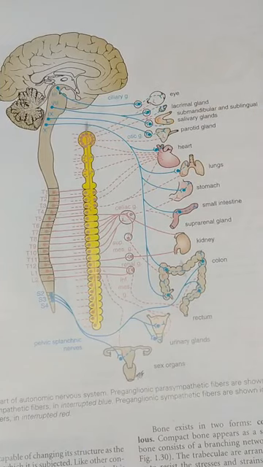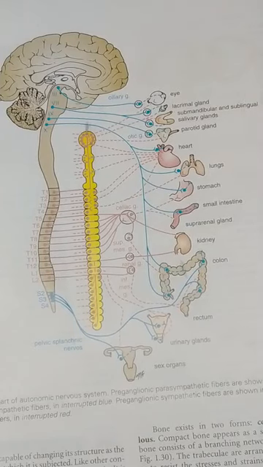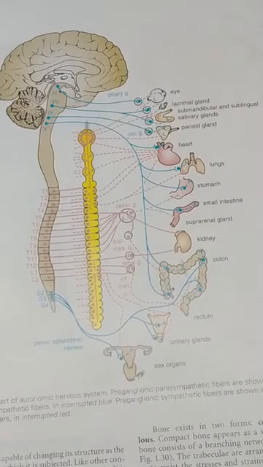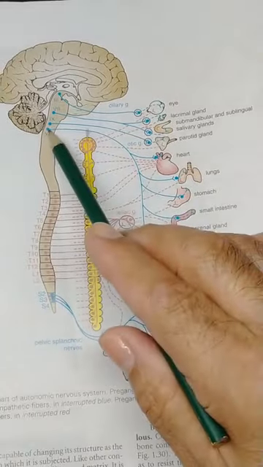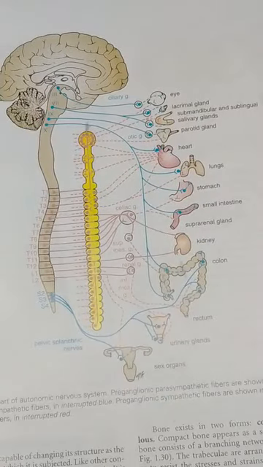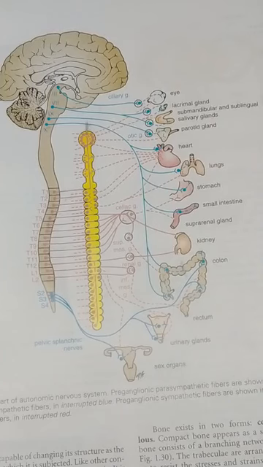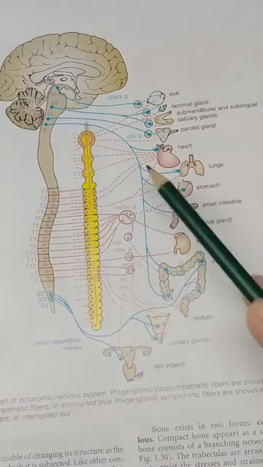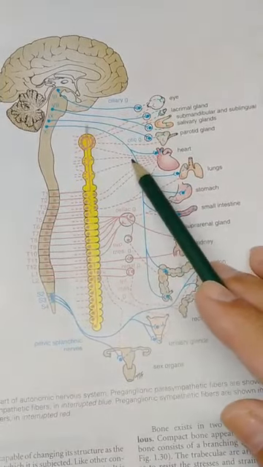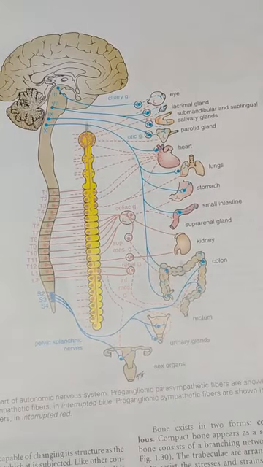Okay. Now, among the cranial nerves, the one that has the most extensive parasympathetic fibers is the vagus nerve. Okay. Most of the cranial nerves are found only in the region of the head, or at most the neck, but never down. It was only the vagus nerve which goes into the region of the thorax and into the abdominal region.